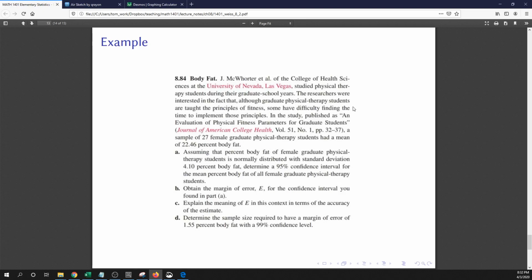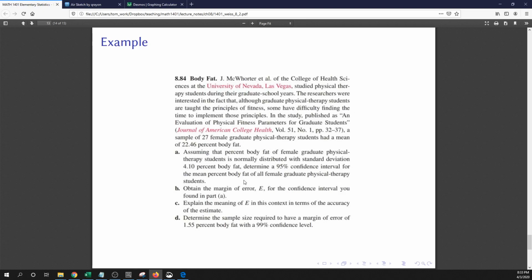In the study published as an evaluation of physical fitness parameters for graduate students in the Journal of American College Health, a sample of 27 female graduate physical therapy students had a mean of 22.46% body fat. Assuming that percent body fat of female graduate physical therapy students is normally distributed with standard deviation of 4.10, determine a 95% confidence interval for the mean percent body fat of all female graduate physical therapy students.